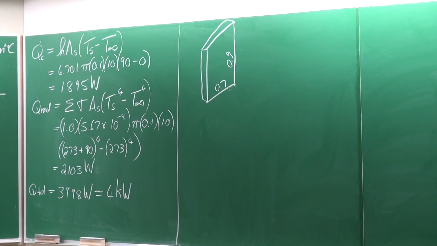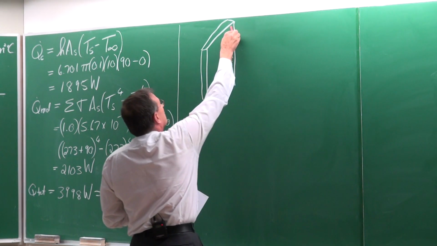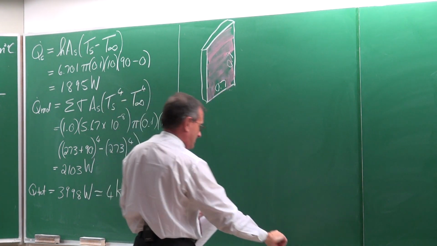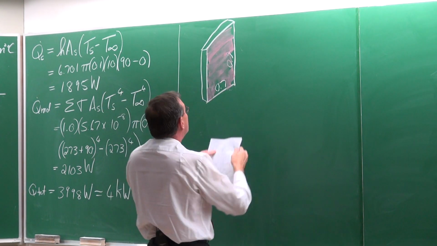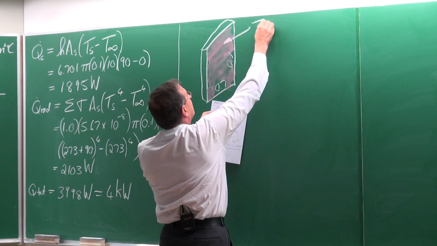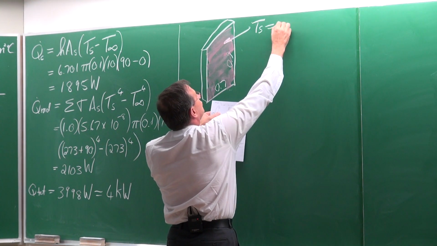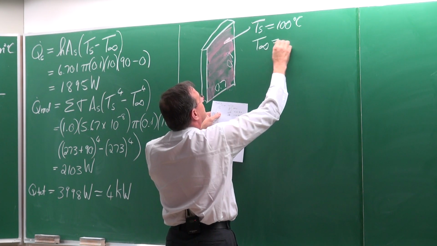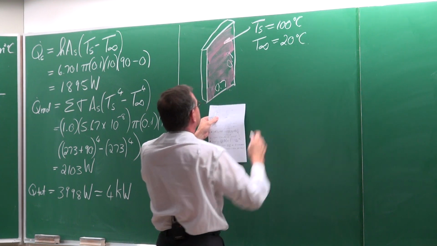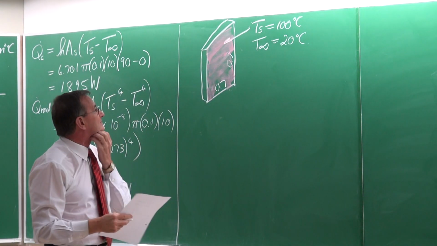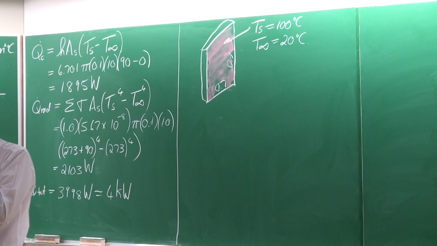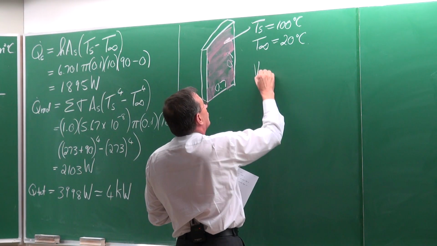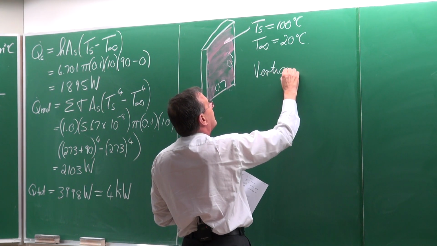And this is the part which is being heated. And the surface, TS, is at 100 degrees Celsius, and the environment temperature is 20 degrees Celsius. So this is the case where we've got a vertical plate.